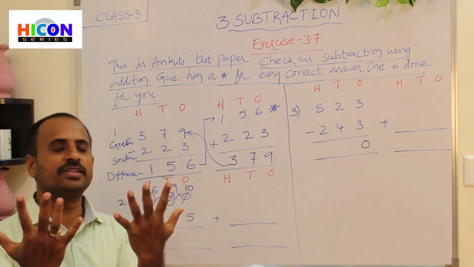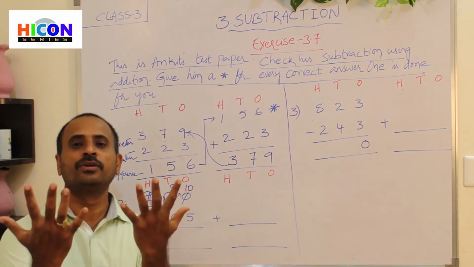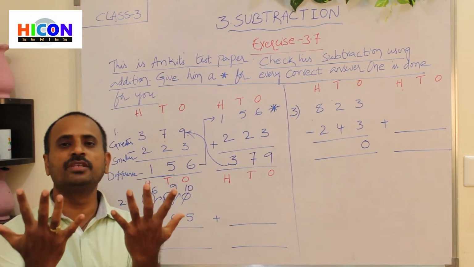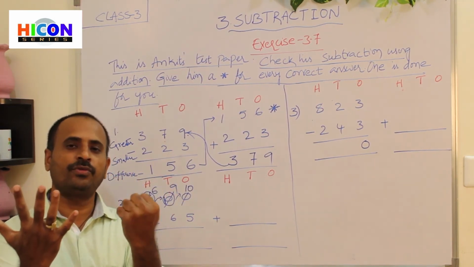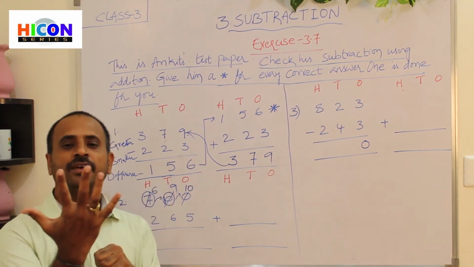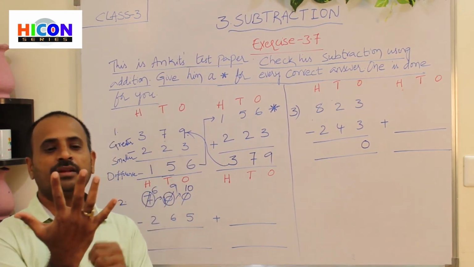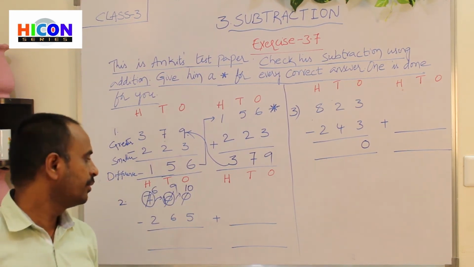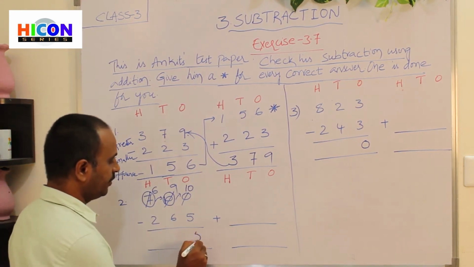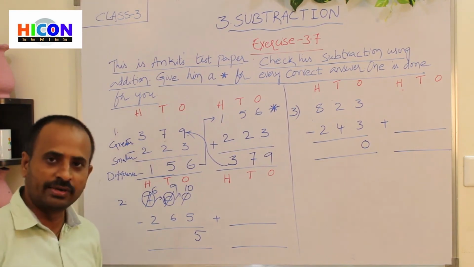Children, these are the 10 fingers. And what is the second number? 5. Close 5 fingers among these 10 fingers. 1, 2, 3, 4, 5. Children, I have closed 5 fingers. There are how many fingers remaining? 1, 2, 3, 4, 5. So there are remaining 5 fingers. So write 5 here.